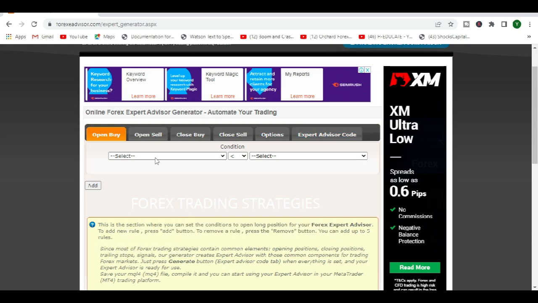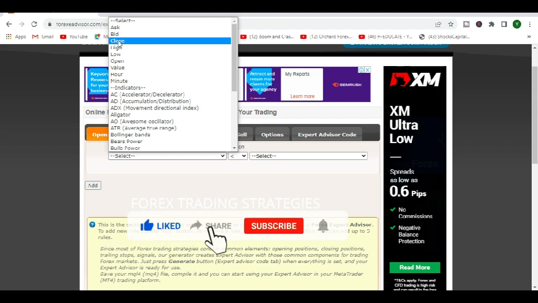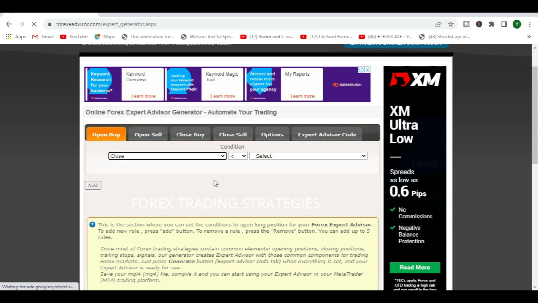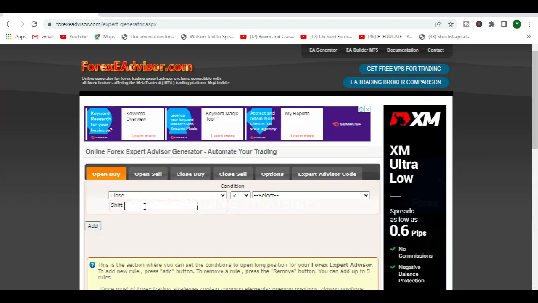So the first thing that we want to do, we said we are looking at candles. So we are going to compare the closing price of a previous candle. So we are going to choose the price, the candle close of the previous candle. Let's just put the shift to 0. Again, it's just a theory.